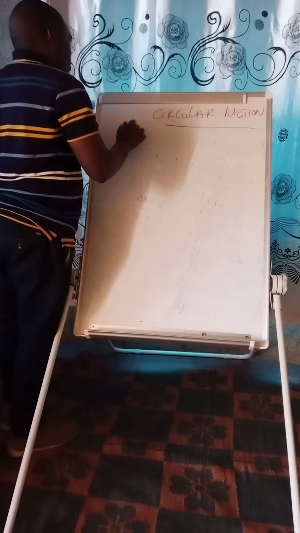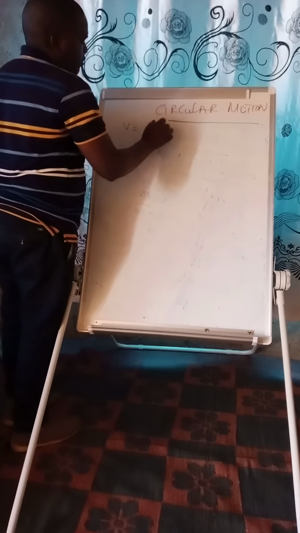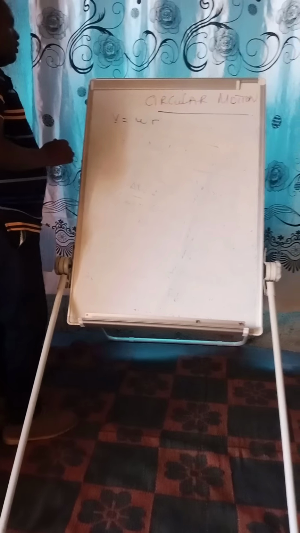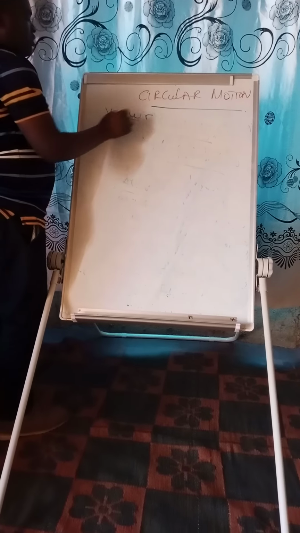So v will be equal to omega times r. This is how velocity v is related to angular velocity omega.